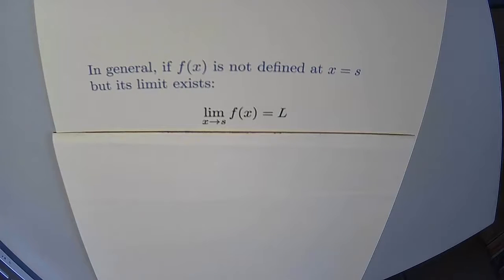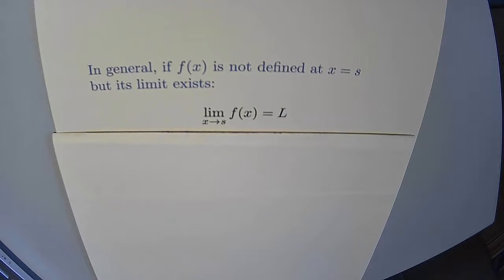So everything seems to boil down to limits. f of x may not be defined at x equal to s, some point like 0 or 1 that we saw before, but it could be any point s depending on the function f of x.